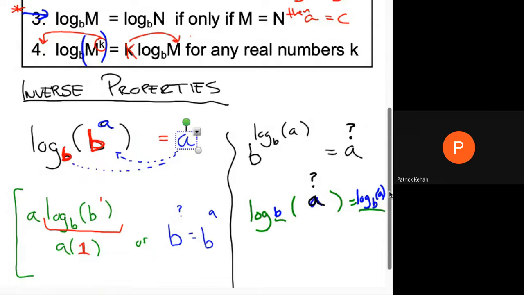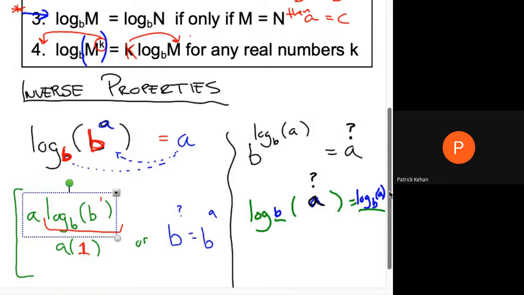The justification for this actually uses property number 4. I can technically take this exponent a and bring it out in front. Then I'm down here in this green expression: a times log base b of b to the first. The value of log base b of b to the first is equal to 1.